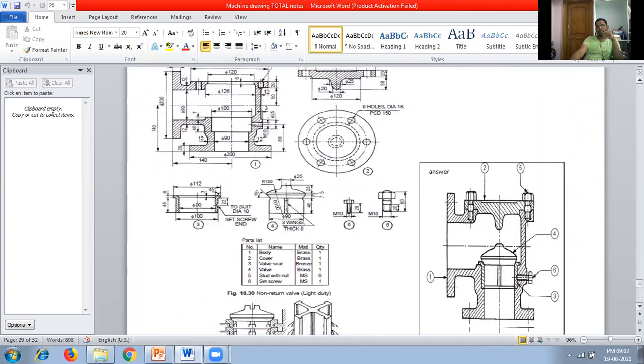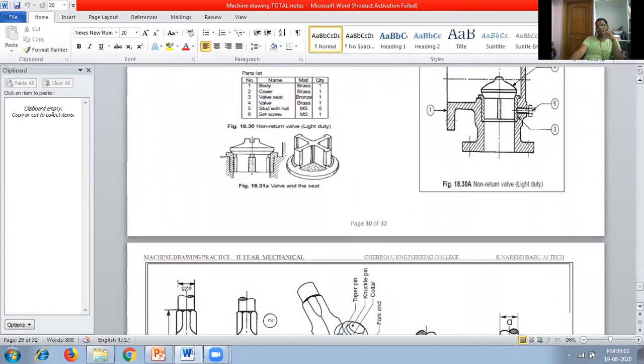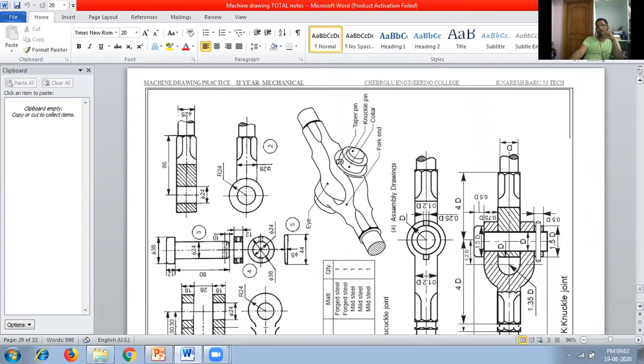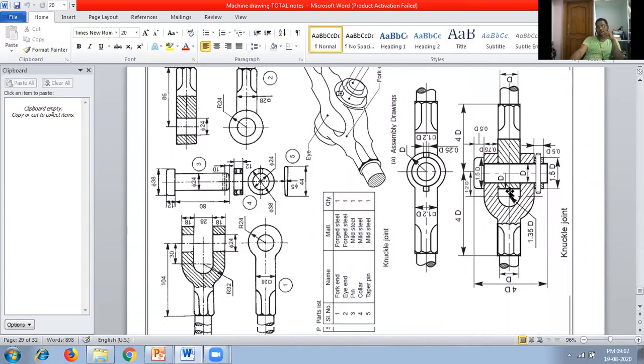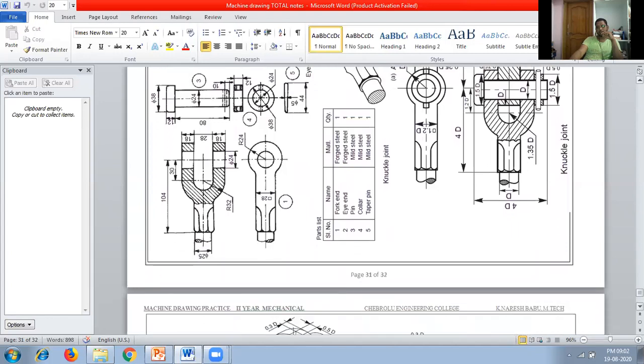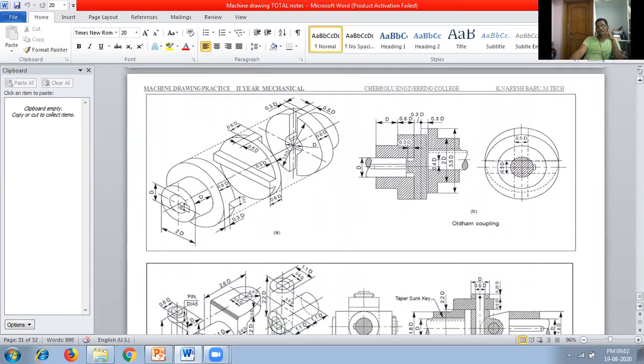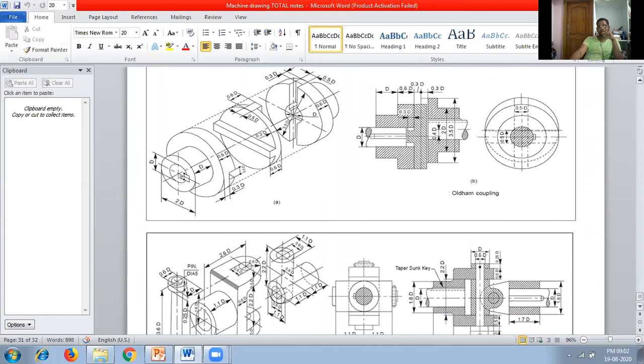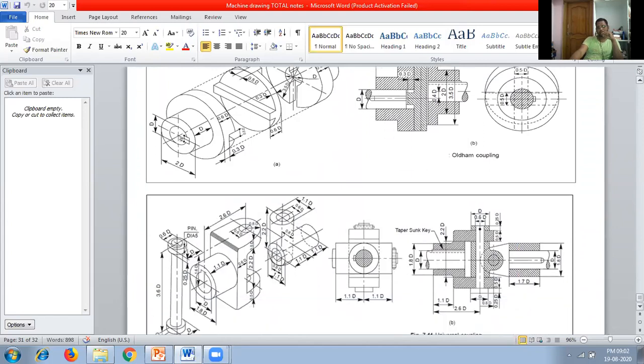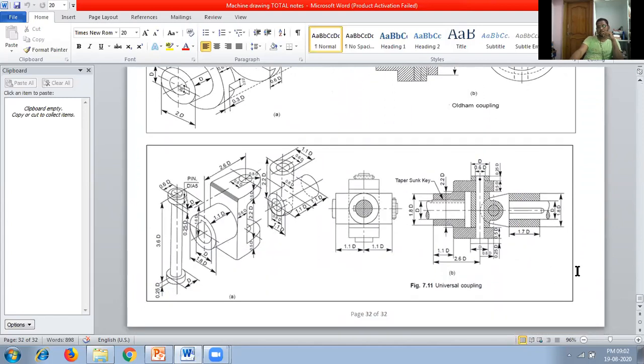Now this is the example for non-return valve. Now this is the example for knuckle joint. It is very important. Now this is the final example of Oldham coupling and universal coupling. These are all assembled drawings.